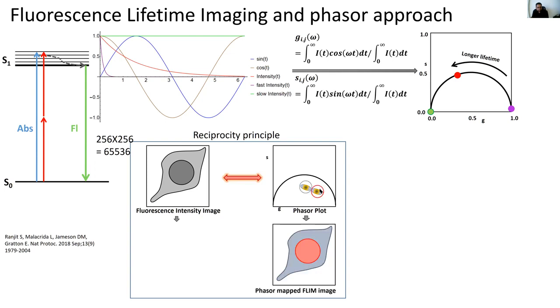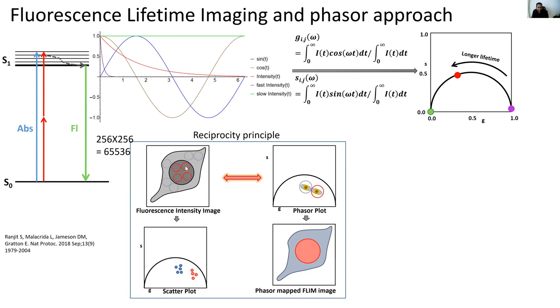Now, you can use part of this phasor plot to select what kind of lifetime signature or phasor signature they have. And you can see where in the image that goes through. This is very important because let's say you have very few pixels of a very different lifetime, and that would be a very separate position here, and then it will allow you to look at that, which conventional fitting approaches would not allow you.